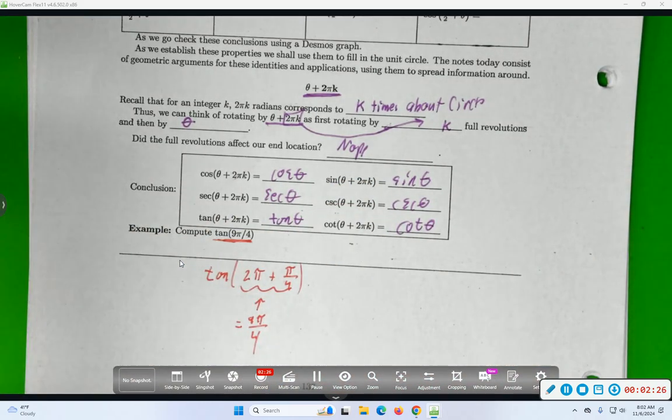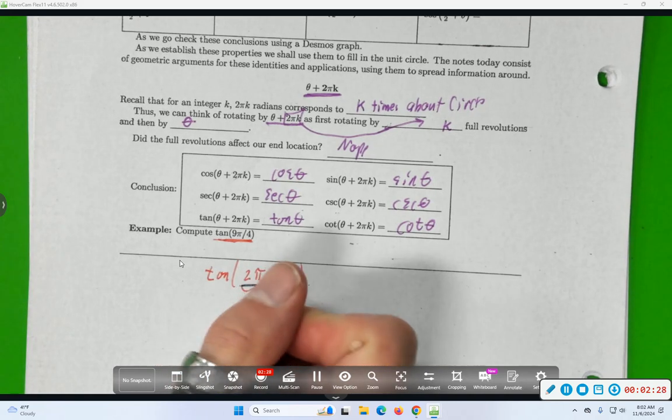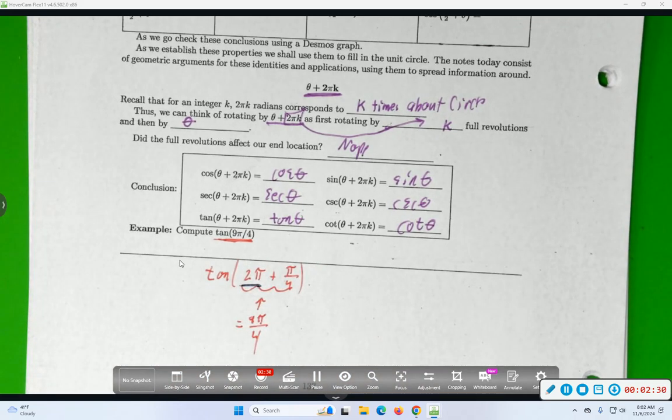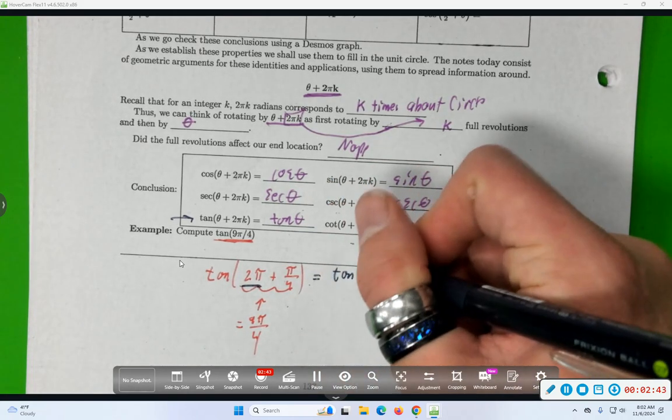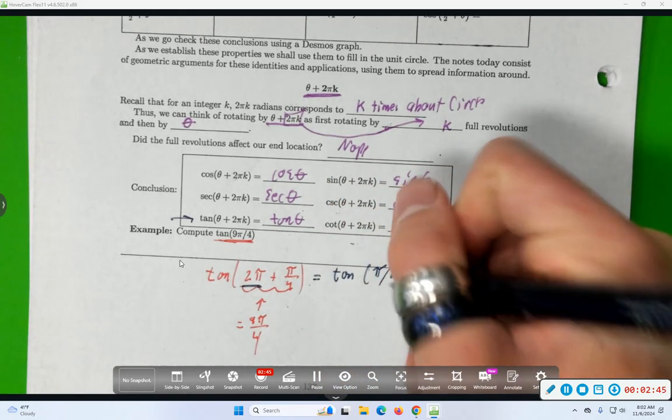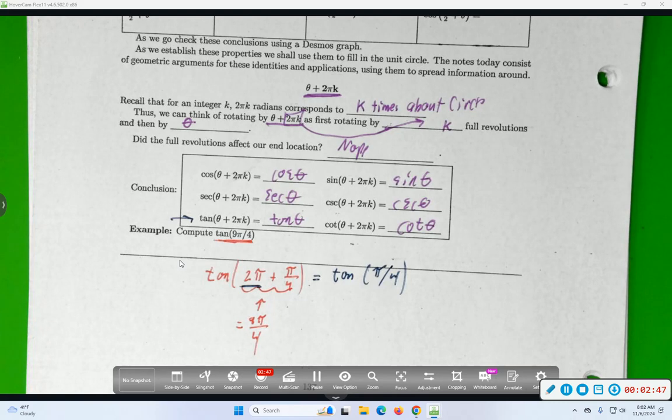Cool. Does tangent care about that plus 2 pi? Nope. None of the trig functions care about full revolutions. So that's the same thing as just the tangent of pi over 4. And take a look at your unit circle, or your unit circle that you keep in your brain.